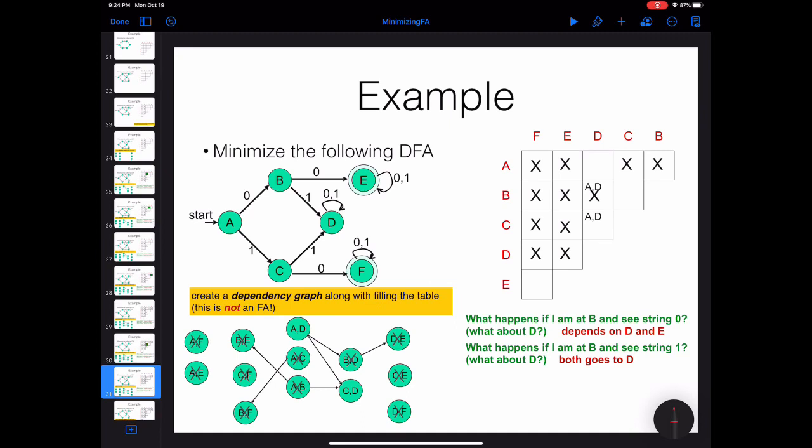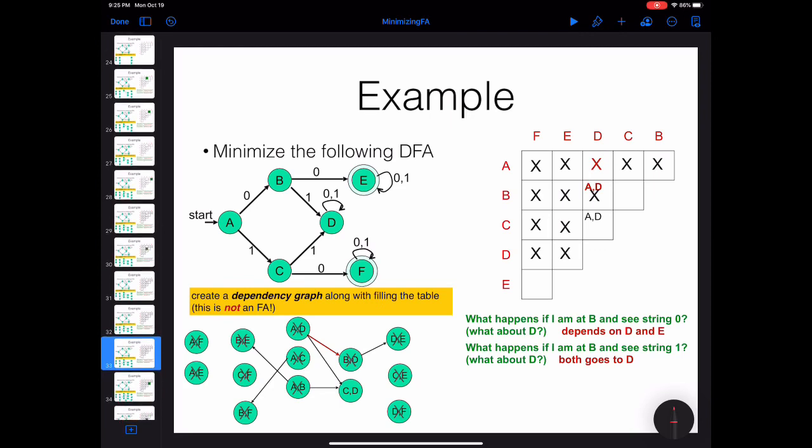So it's just like a backtracking: you check all those pairs that depend on B and D. I know that there is another pair, A and D, that is depending on B and D, so I will go and mark that cell as not equivalent as well. Okay, so I'm done with this cell and I have actually filled all of the dependencies for that one as well.